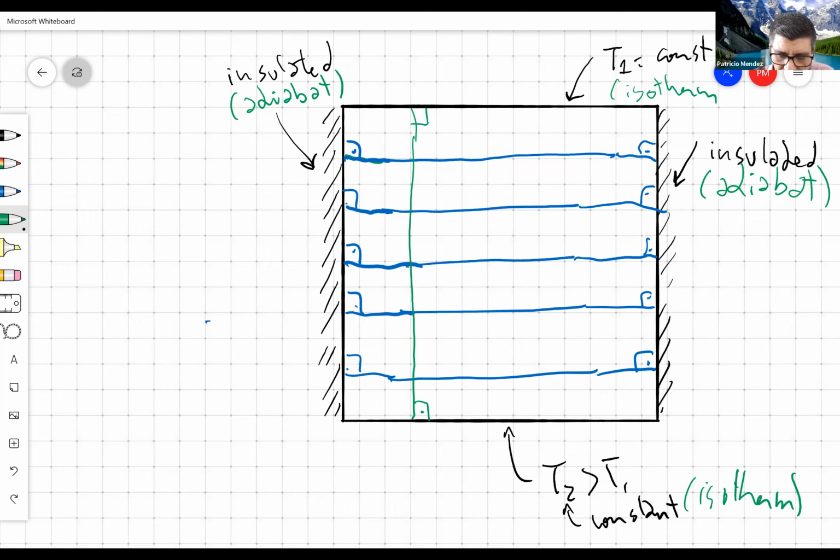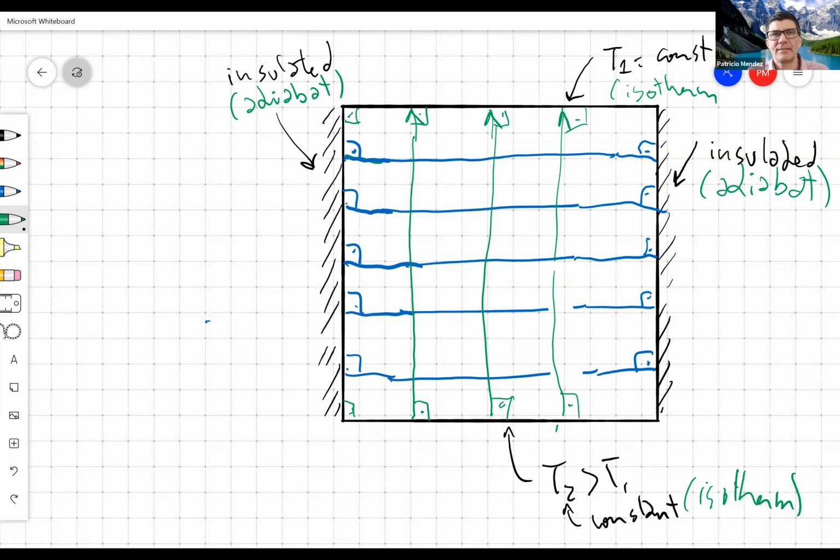And this is an isotherm. Same here. And sure enough, an adiabat is an isotherm, and here we had it perpendicular too. And because T2 on this side is bigger than T1, the heat flux will go from high temperature to low temperature.